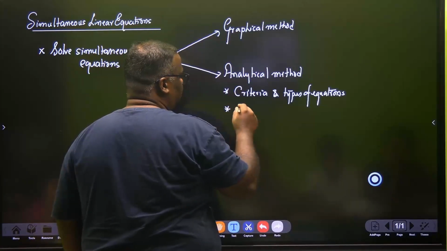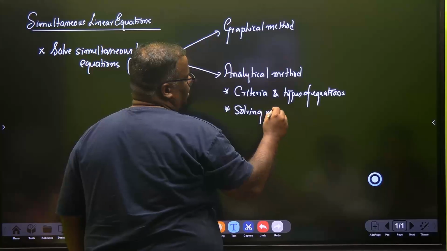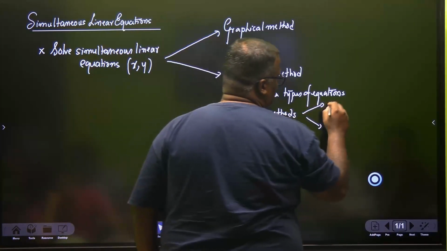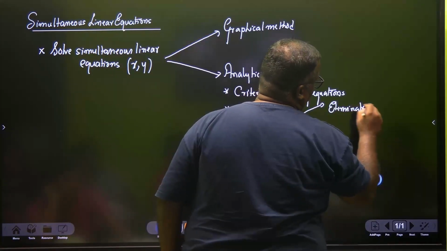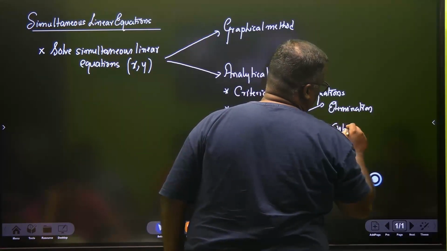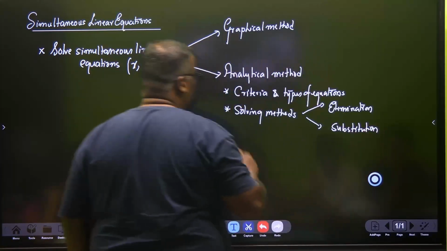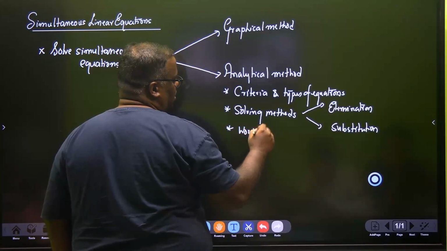Then we will see solving methods. And in solving methods, we usually have two methods, the method of elimination and the method of substitution. Okay, we will see these two. And then finally, we will have some word problems.